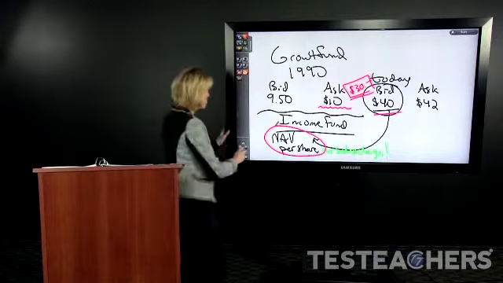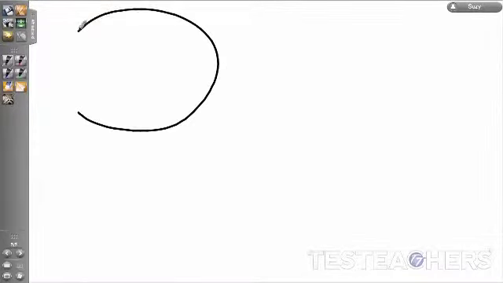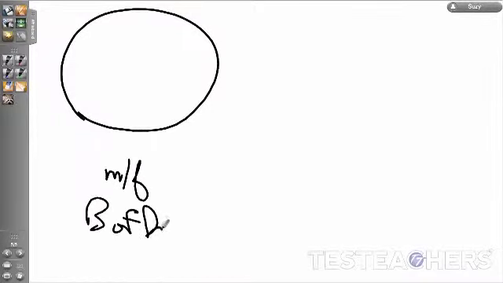Distributions from mutual funds. We talked about this, but it doesn't hurt to review. So we've got the mutual fund, we've got the board of directors, we've got the fund's portfolio, and we know that it's managed by the investment advisor.